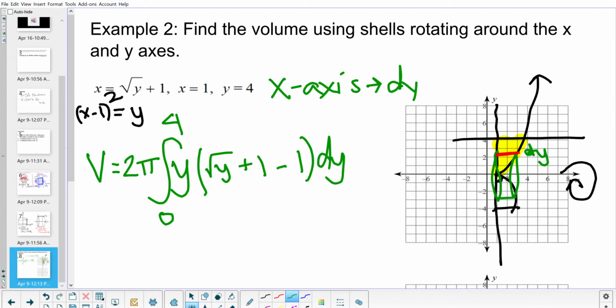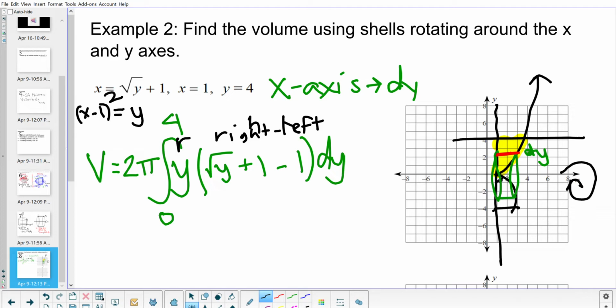So to go over this again, volume is 2 pi, got the 2 pi here, r, and then the height ends up having to be right minus left.